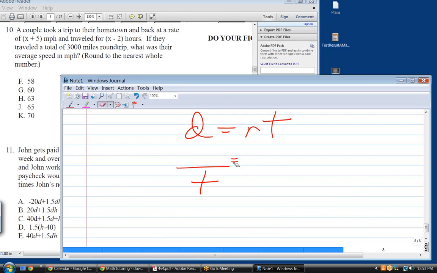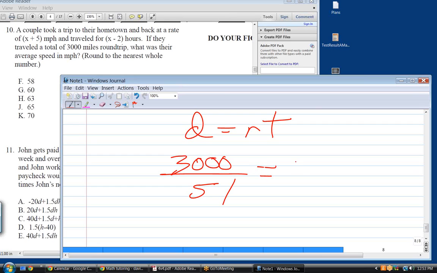But just to verify for you that that's the case, we have 3,000. If 58 is the answer, what's x? 51. Okay, so x would be 53. In other words, x would be 53 if 58 is the right answer. And if I plug in 53 there, I get 51.